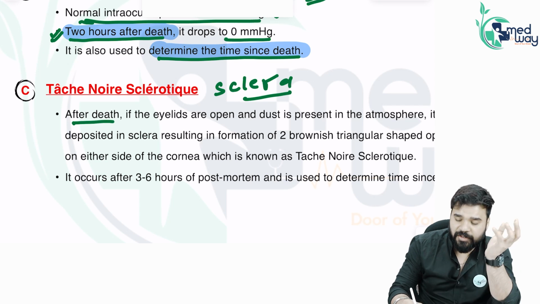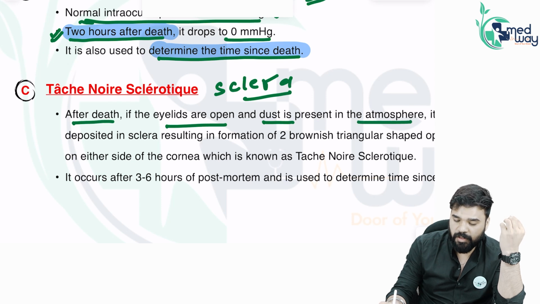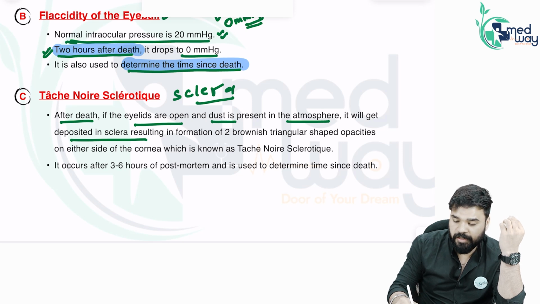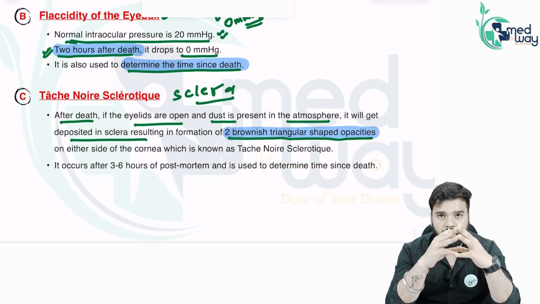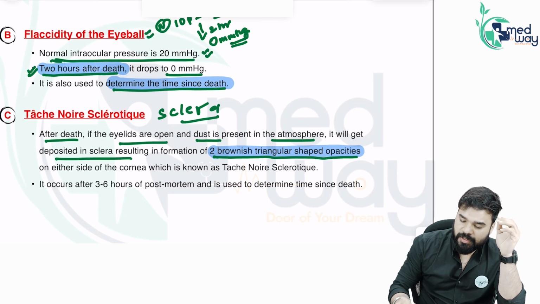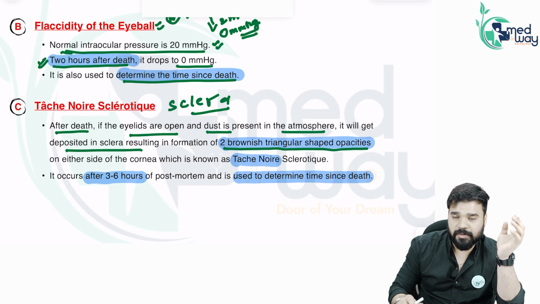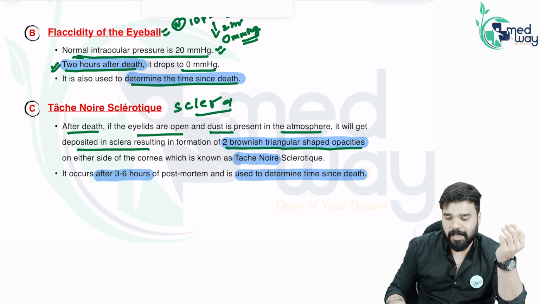After death, if the eyelids are open, dust from the atmosphere will be deposited in the sclera, resulting in the formation of two brownish triangular shaped opacities over the sclera. This is known as tache noire. It occurs after 3 to 6 hours, and it is also used to determine time since death.